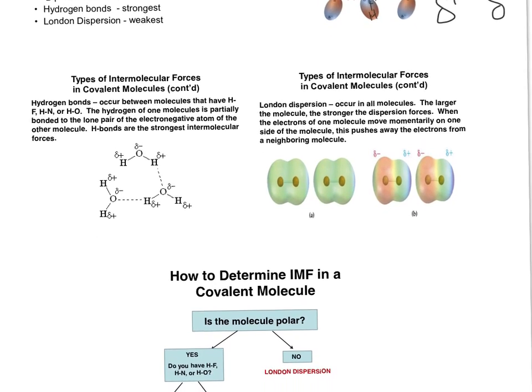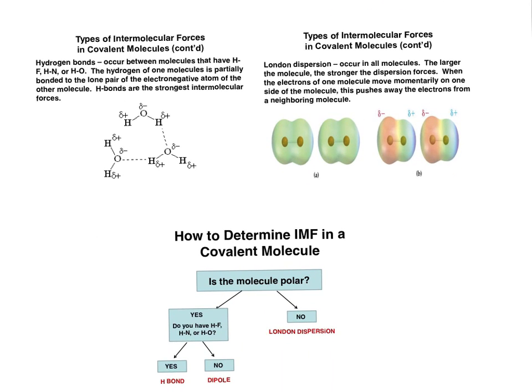Next type is called hydrogen bonding. And these are a special type of dipole. They also occur in polar molecules, but they are special polar molecules.